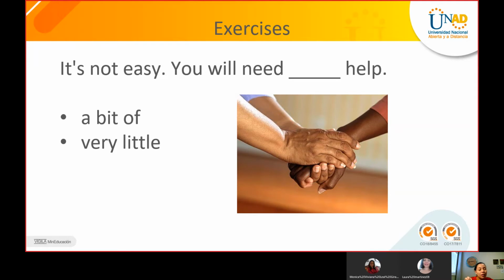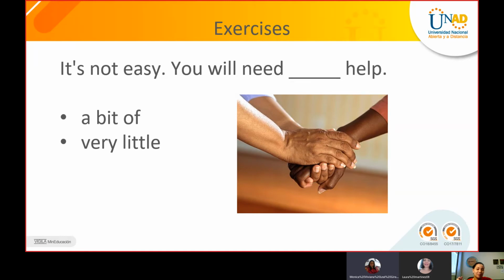Pero si algo es fácil, vas a necesitar muy poca ayuda. O sea, ahí sería "very little" si fuera fácil, pero no es fácil, ¿verdad? It's not easy. So you will need a bit of help, right? O sea, teacher, hay que tener muy claro el contexto de la oración.